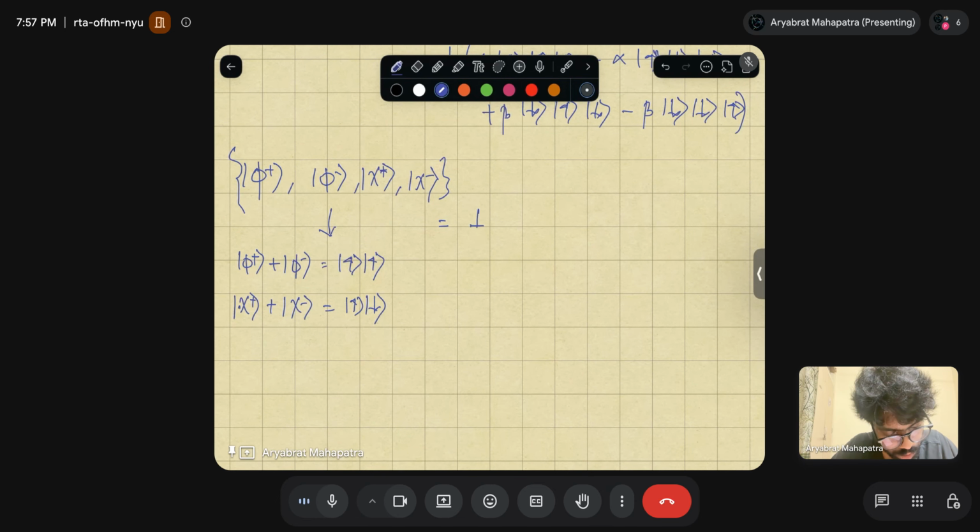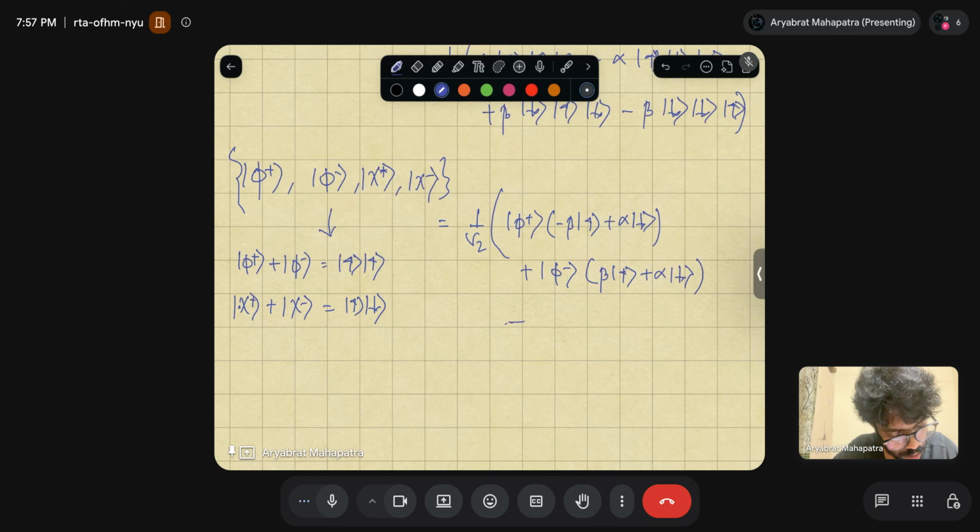You can check this. I'm writing it down, leaving out the middle steps. So it would be phi plus, minus beta up plus alpha down. Then I would get, right, plus phi minus, beta upstate plus alpha down.